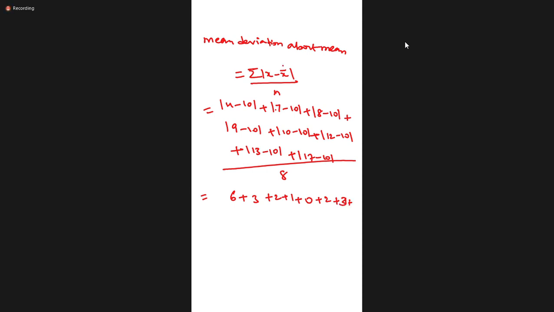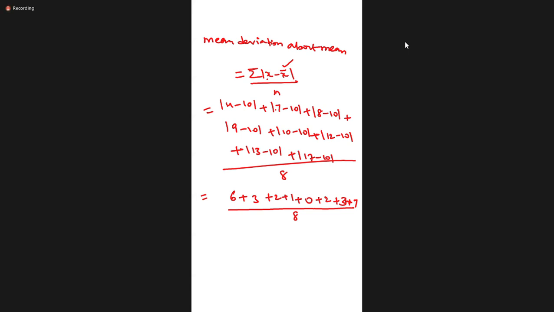Why do we take 10 over there? x bar, what is the mean? Same question continuation. Previously we found the mean, now subtraction we have to do. That is what is called deviation. X bar is the mean.